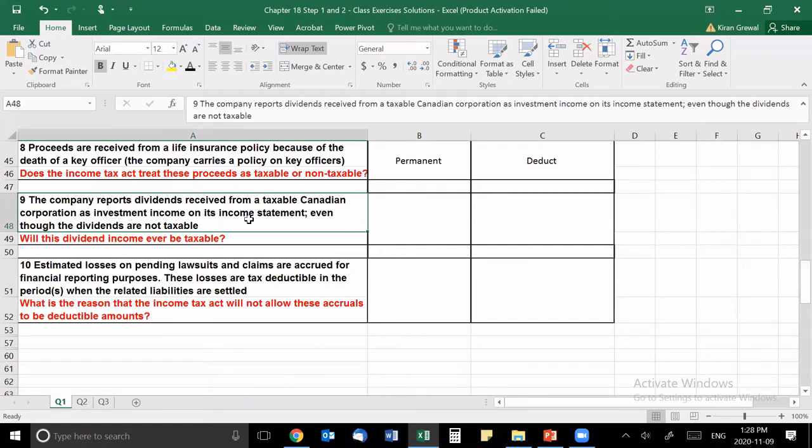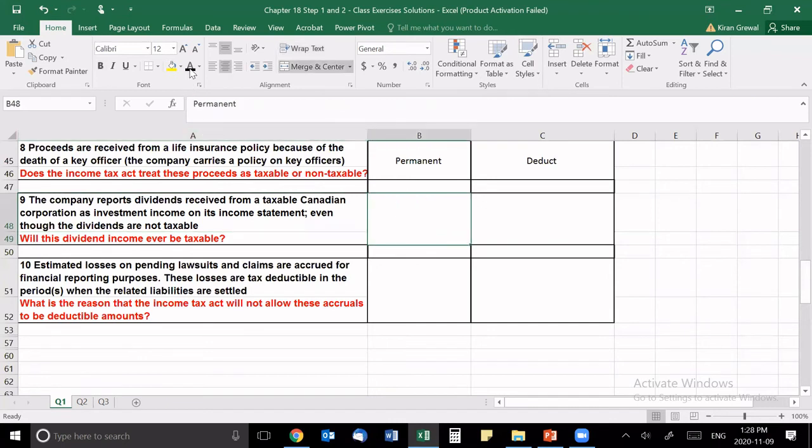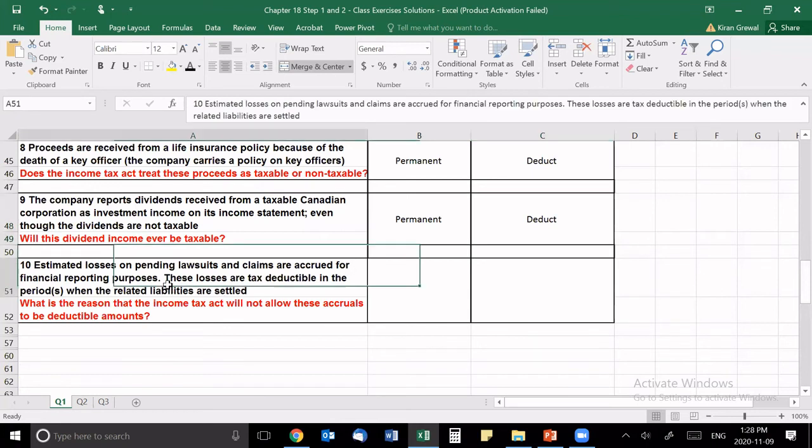But we know that for tax purposes, we don't have to pay tax on dividends received from Canadian corporations, and therefore this is a permanent difference, so you never would have to pay tax on this. You would never include this in taxable income. It's already been included in accounting income, so we have to take it out, deduct it in order to get taxable income.